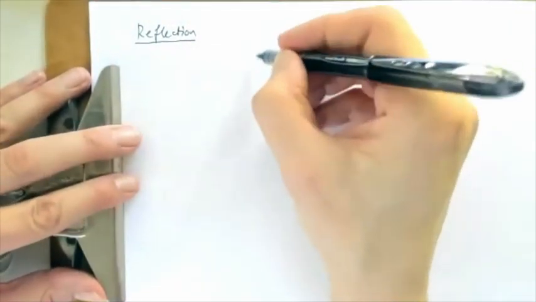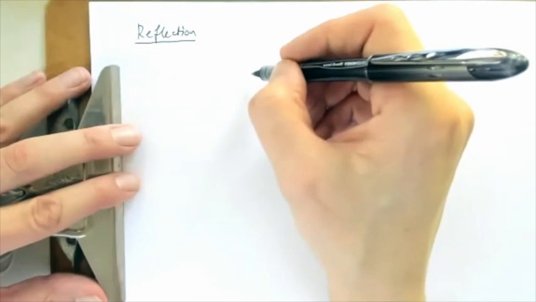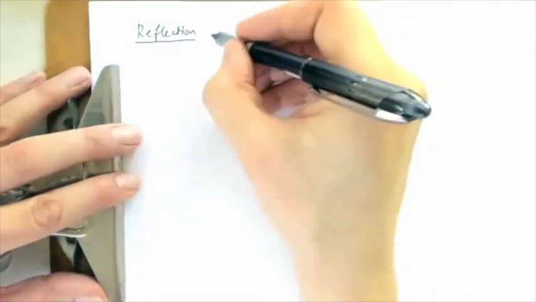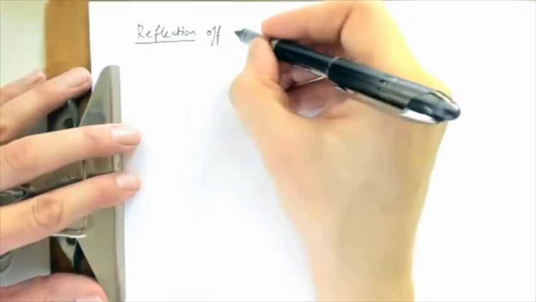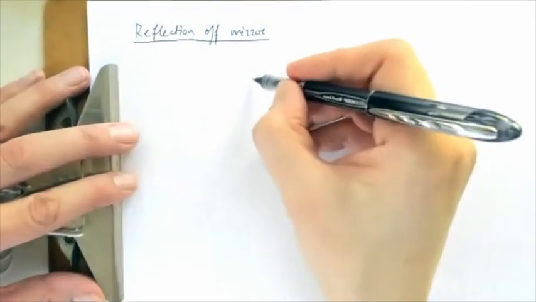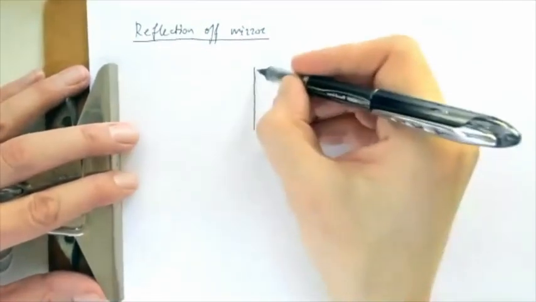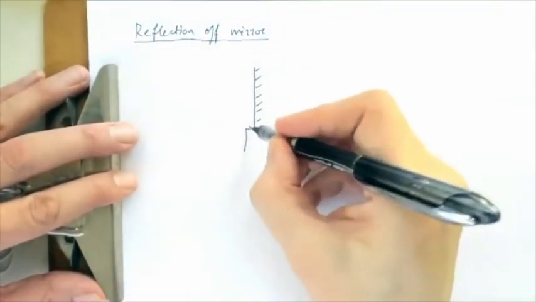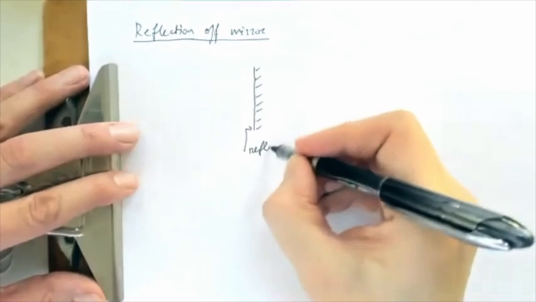All we need to do is say, okay, if we have reflection off of a mirror, so reflection off mirrors. There are two ways to do this. We can draw this. So this is the mirror, and that's the reflective side.